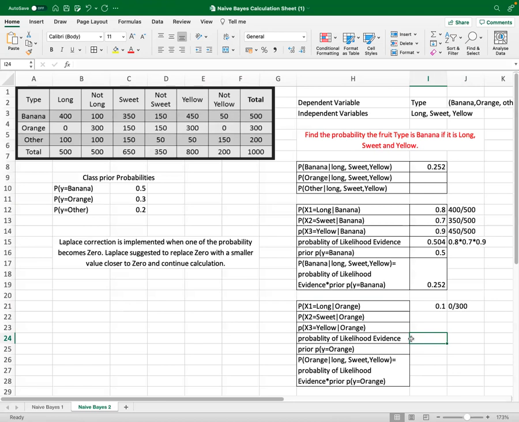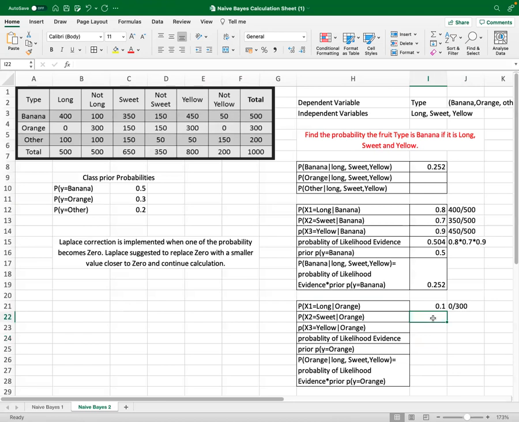Laplace correction is a correction used when probability becomes 0. Replace 0 with a smaller value closer to 0. Your choice, anything, but it has to be a smaller value closer to 0, and it must be between 0 and 1. So based on that, we have converted 0 to 0.1.